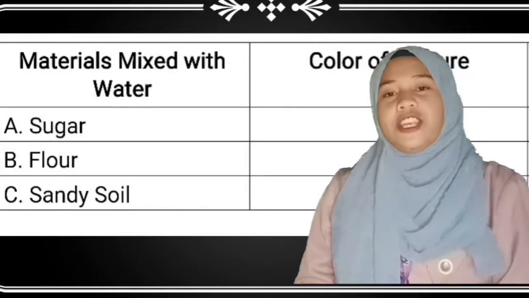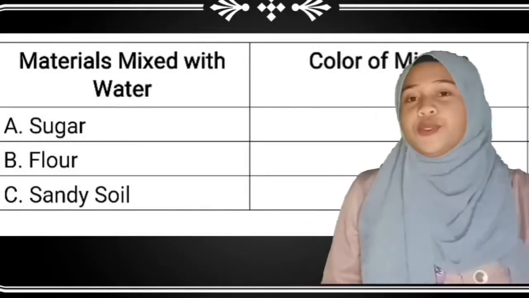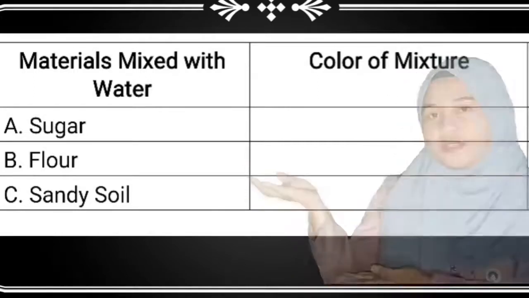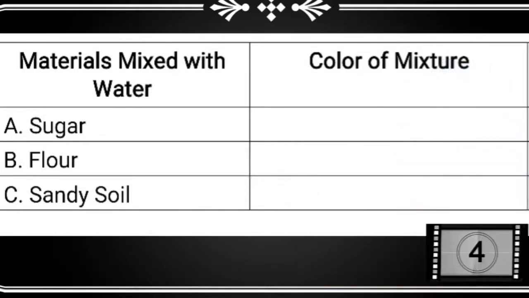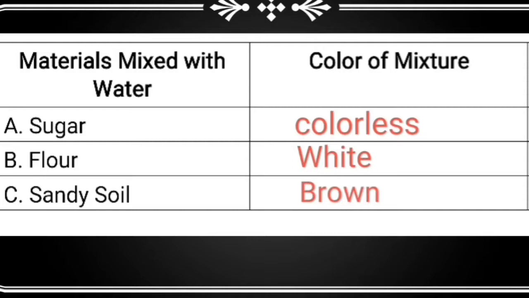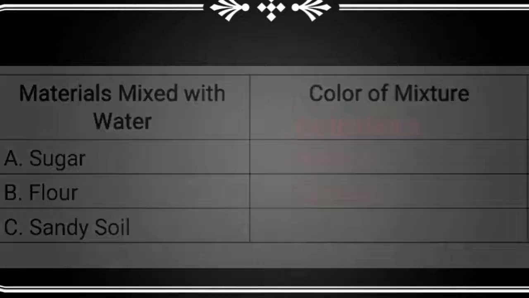After the activity letter A, you're going to record all your observations in your bag. If your answers are colorless, white, brown, you've got the correct answer.